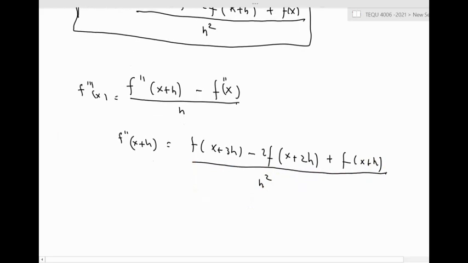So what I need to do is apply this definition for the third derivative, and the third derivative of a function with respect to x will be plugging all this in.